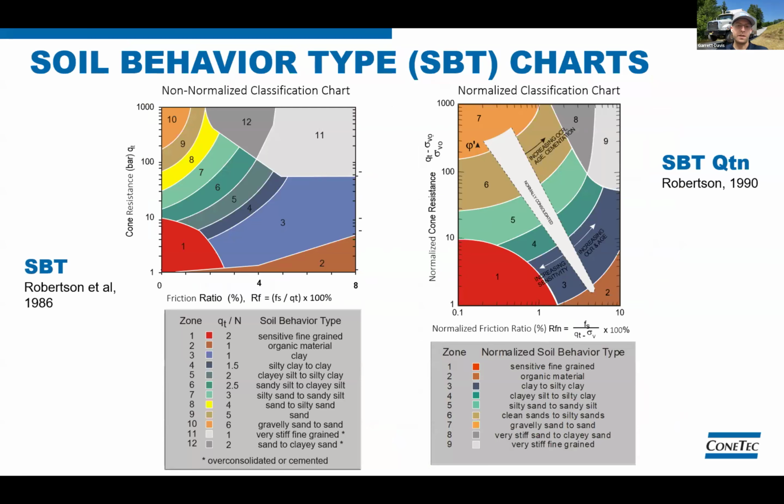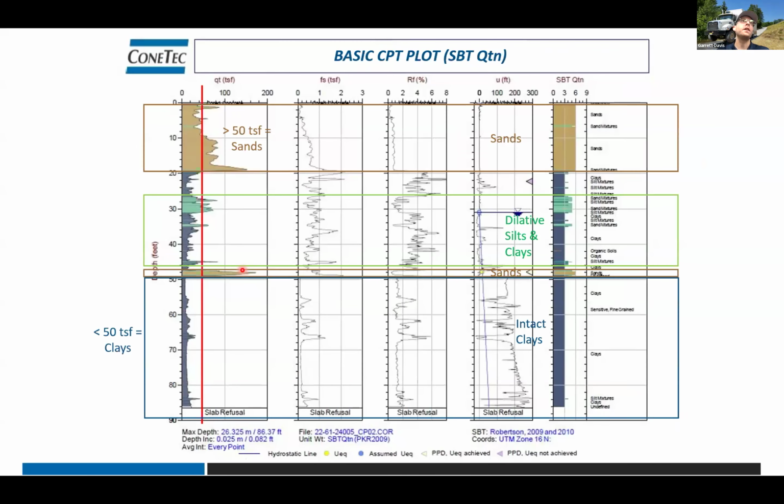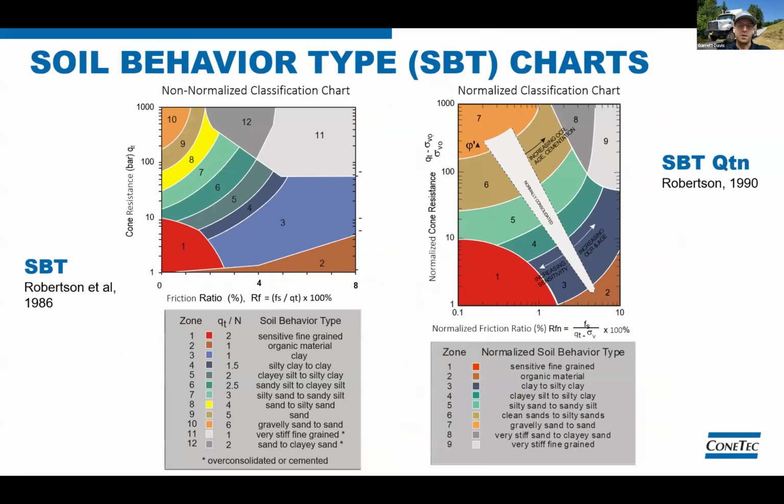So for example, if we take a data point here, roughly 150 TSF and a friction ratio of approximately 0.5, and we come to our soil behavior type chart, we've got normalized friction ratio here, friction ratio here. The chart on the left is not normalized, and the chart on the right is normalized.